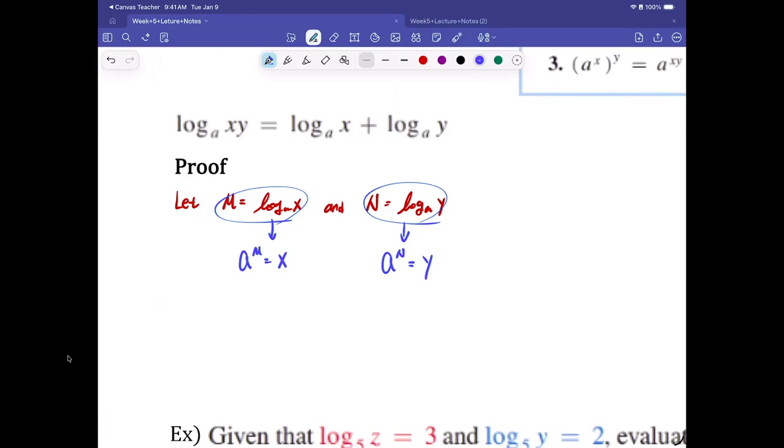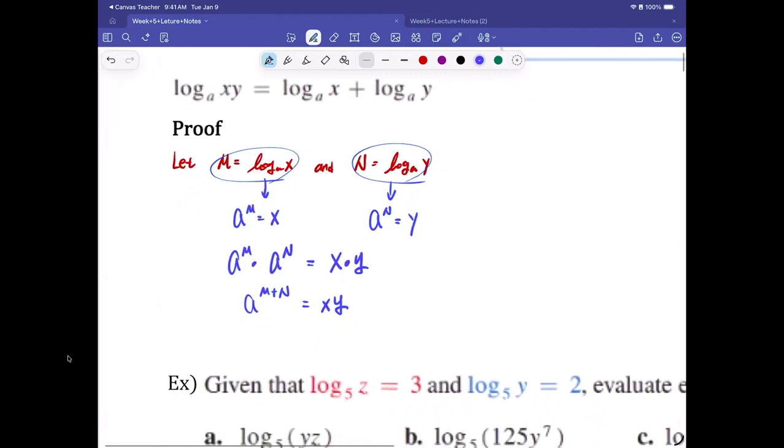So let's change that, and then we're going to multiply these together. That means you're going to get a to the m plus n equal to xy. This is the exponential equation. Now let's change to the log equation.